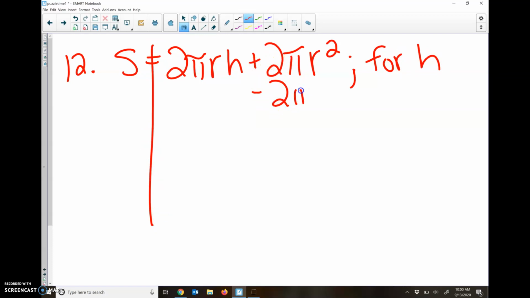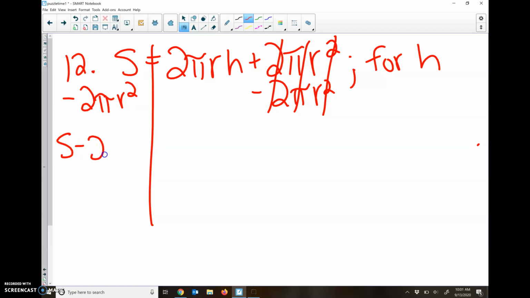The opposite of adding something is subtracting something, so I'm going to subtract 2 pi r squared. 2 pi r squared minus 2 pi r squared is nothing, so it cancels out over there. Then on the left side, I'm left with s minus 2 pi r squared. Over here, I'm left with 2 times pi times r times h.